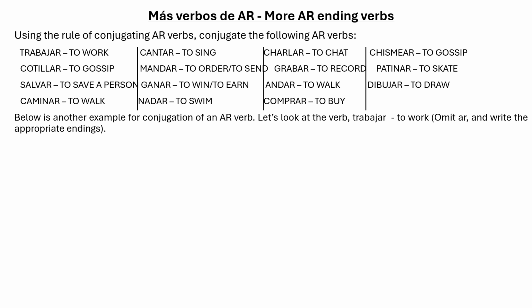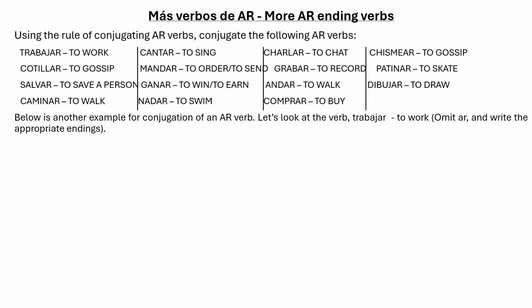For example, trabajar means to work, cotillar to gossip, salvar to save a person, caminar to walk, cantar to sing, mandar to order or to send, ganar to win or to earn, nadar to swim, charlar to chat, grabar to record, andar to walk, comprar to buy, chismear to gossip, patinar to skate, dibujar to draw.